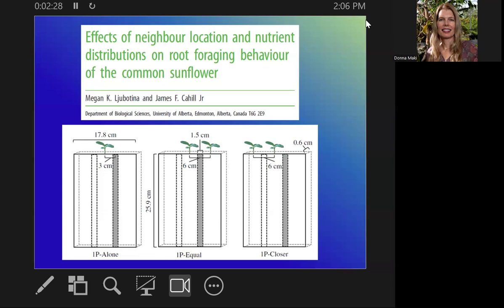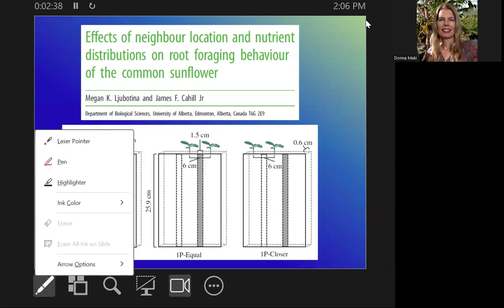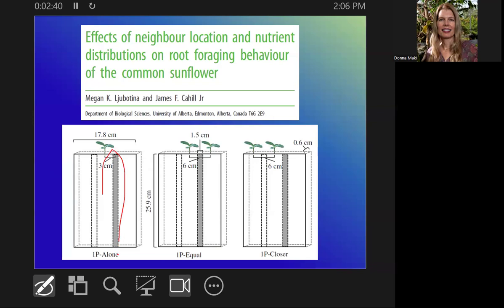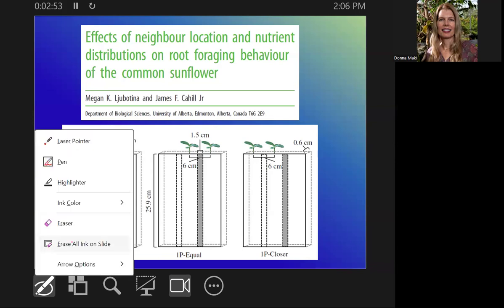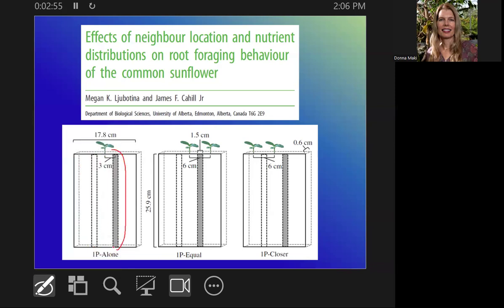And so they would grow sunflowers and say, if you're a sunflower growing in a situation where you have lots of nutrients in that gray area of the soil and modest, which way are you going to grow? You're going to go toward the right in this case, right? You're going to go after the nutrients in that high nutrient patch.